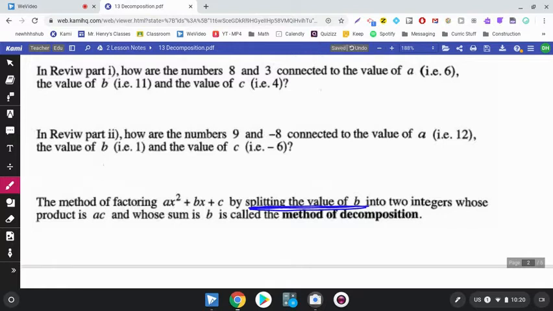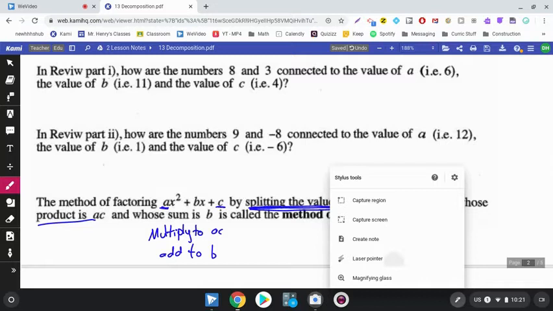And the way I get that, it says their product is ac, so multiply to ac. So that would be the first term and your constant, and sum to b, so add to the middle. Which makes sense, because I'm just taking that middle term and I'm splitting it apart.